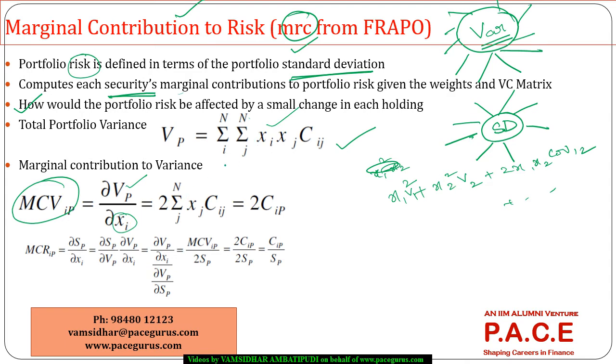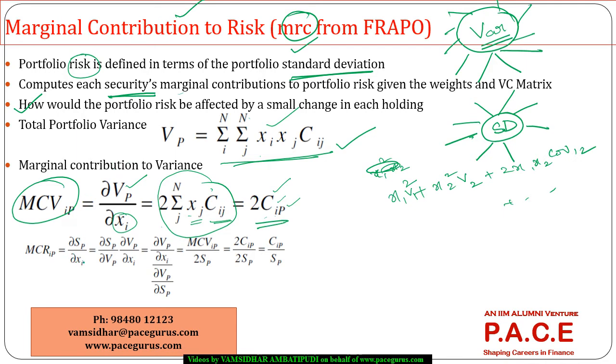So I take the derivative with respect to xi, giving me twice xj times the covariance, which in another way comes out as twice the correlation between the security returns and the portfolio returns. That is the marginal contribution to the variance.